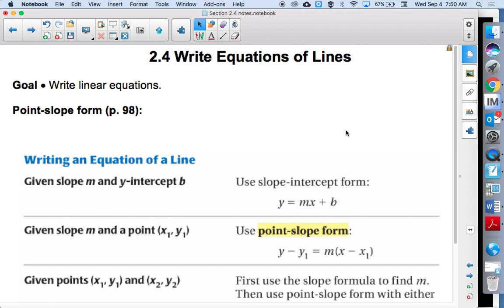So in your notes, if you can turn to section 2.4.